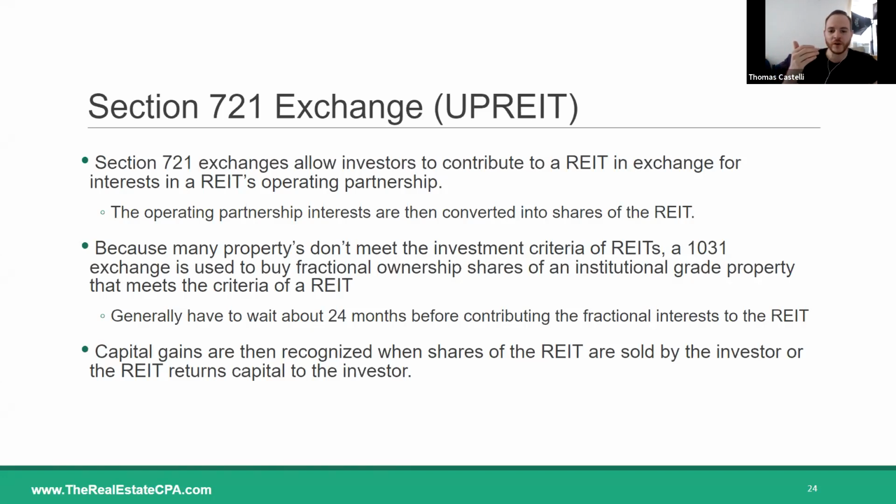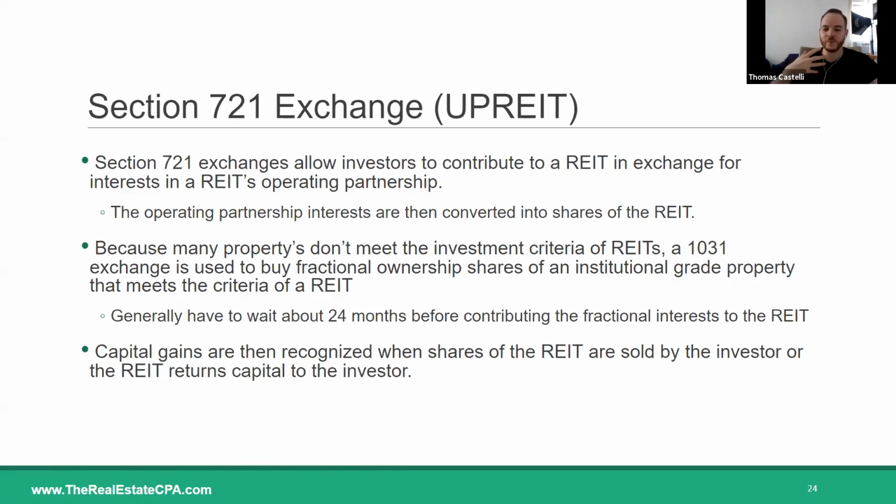Basically, in a Section 721 exchange, you're giving your property to a REIT in exchange for shares of that REIT. That's the bottom line of the transaction. Where this becomes more complicated is that many properties don't meet the investment criteria of a REIT.